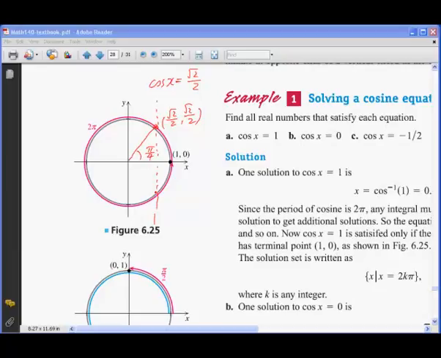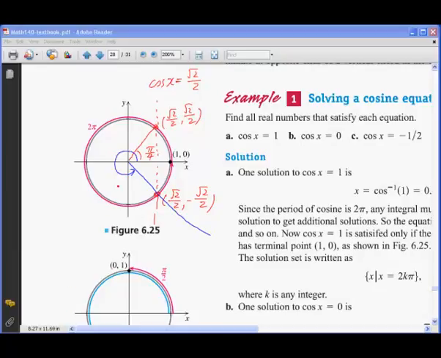And then this perpendicular intersects the unit circle at this point. The coordinates of this point of intersection are root of 2 over 2, negative root of 2 over 2. So that means if I draw one line through this point, then I can get another angle for which cosine is also equal to root of 2 over 2.